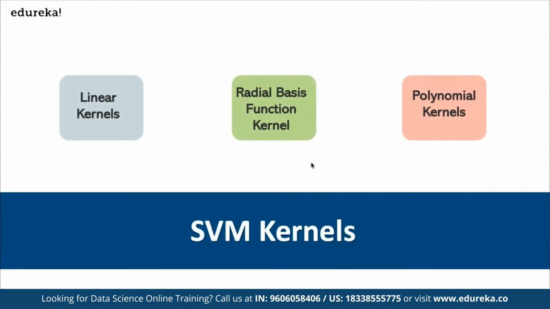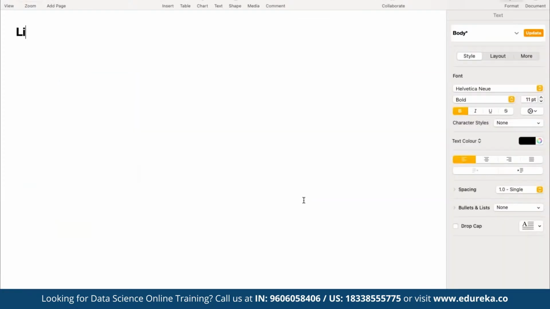A linear kernel can be used as a normal dot product between any two given observations. The product between the two vectors is the sum of the multiplication of each pair of input values. We can understand this with a simple layman example as well.